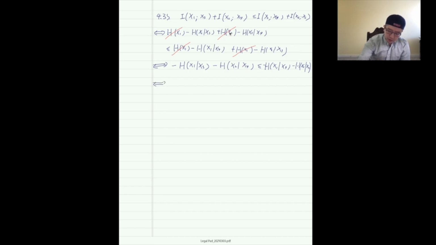We move H(x1 given x4) to the left-hand side, minus H(x1 given x3), less than or equal to minus, okay, so we're almost done.